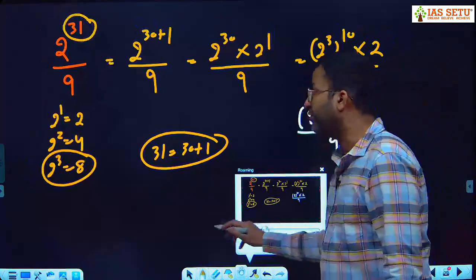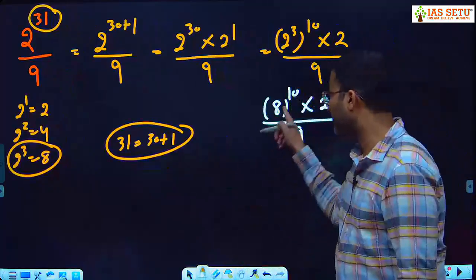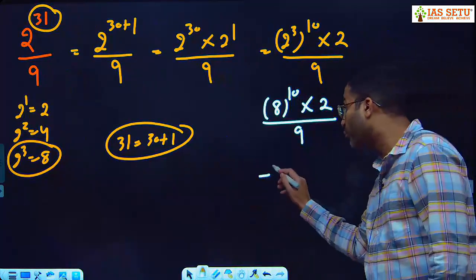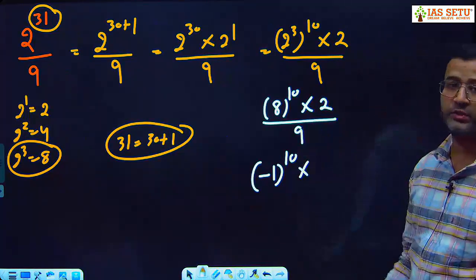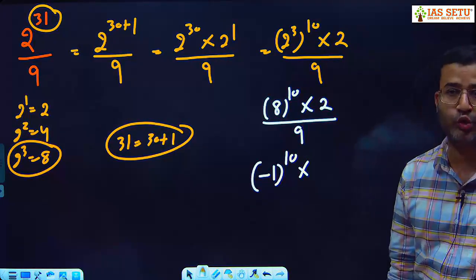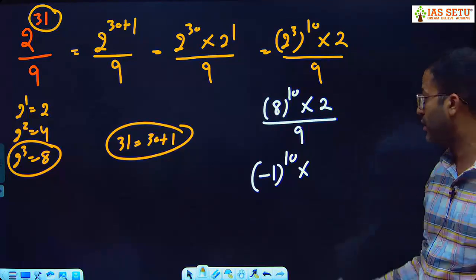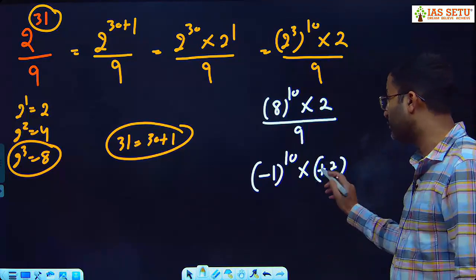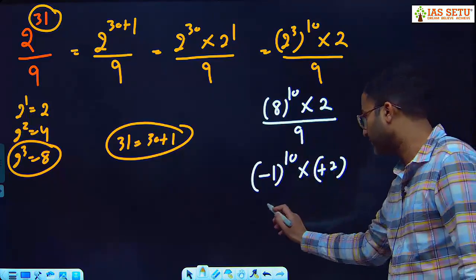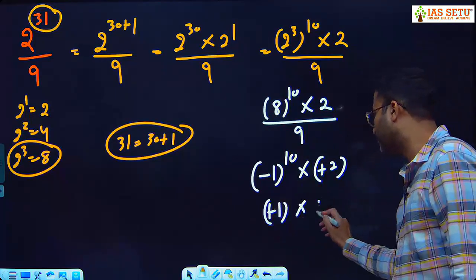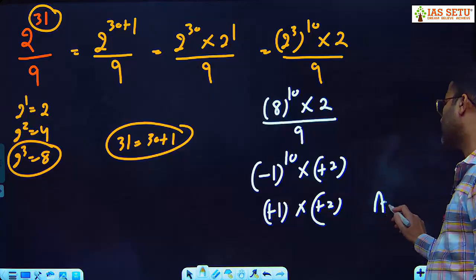Tell me, every 8 with respect to 9, what is your remainder? Minus 1. How many times? 10 times. And this 2 with respect to 9, what is your remainder? Plus 2 only. Take care of the symbol. Minus 1 to the power 10 is plus 1, multiplied by plus 2. So the answer is 2.